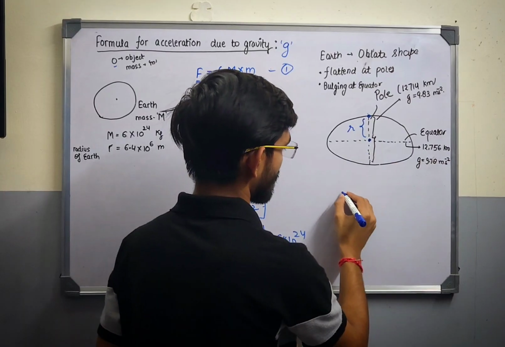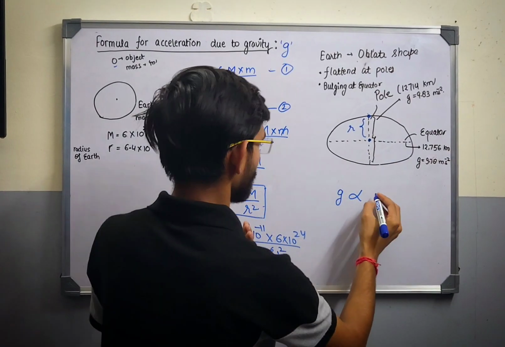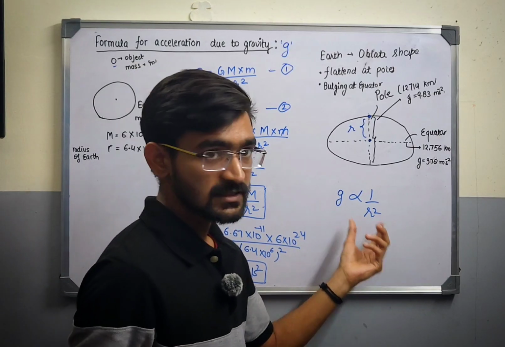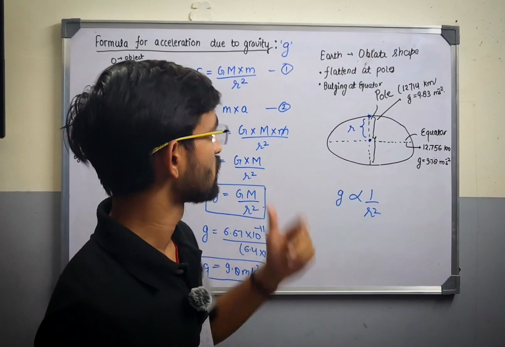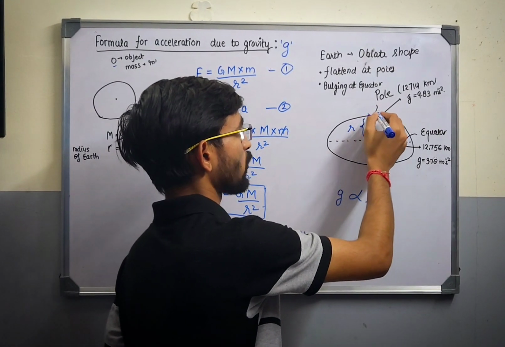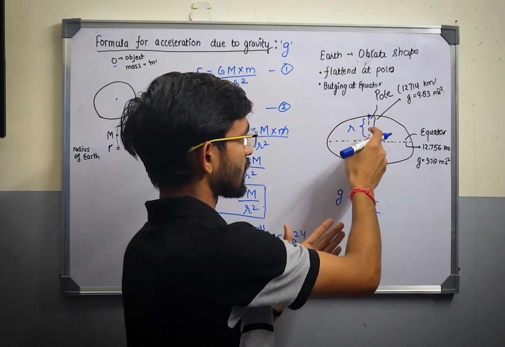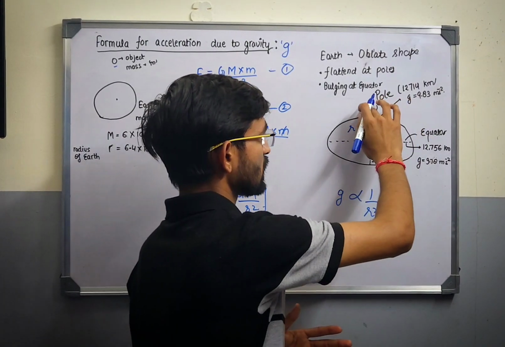Then g is inversely proportional to r squared. If the value of r is less, then acceleration due to gravity will be more. So at this point, at the pole, acceleration due to gravity will be more because the radius is less.